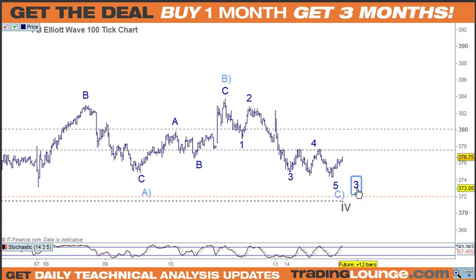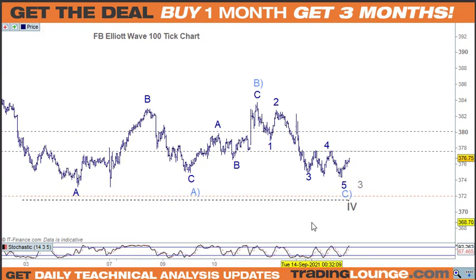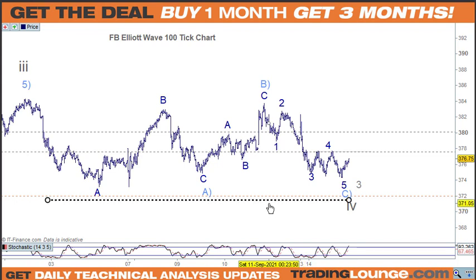But yeah, I think the low's in place, so I'm just going to put this into grey as an alternative count, so you'll need to be a bit careful, because the 38.2% retracement level is this line here down at the 372. But anyway, we'll see what comes there.